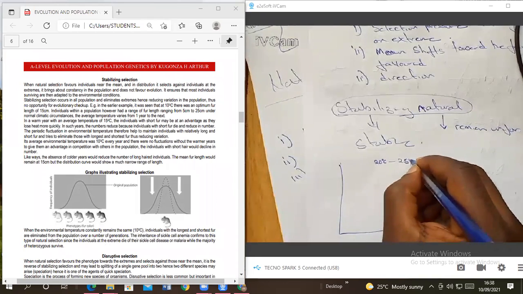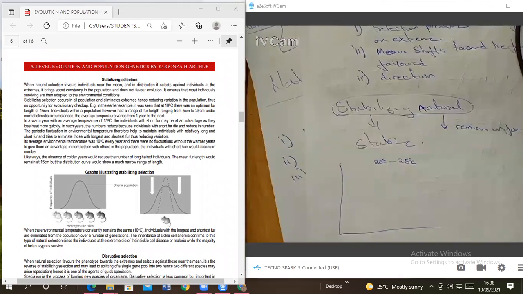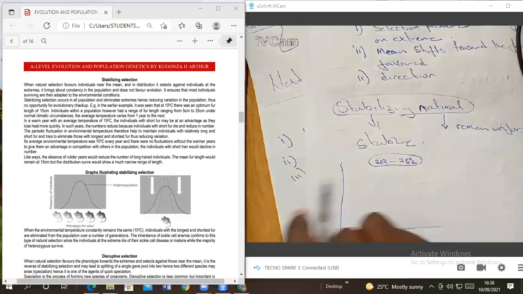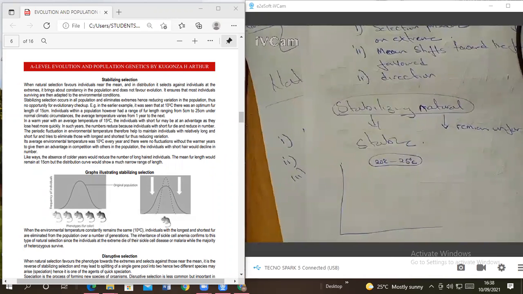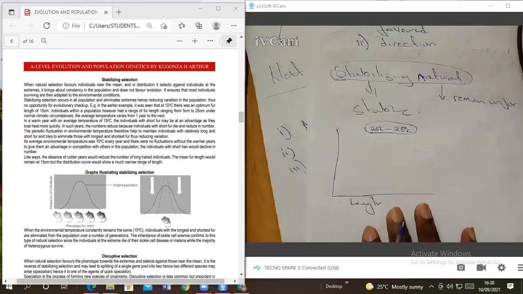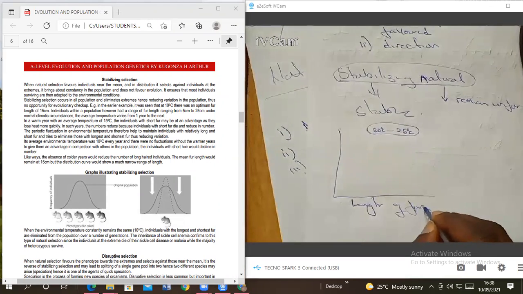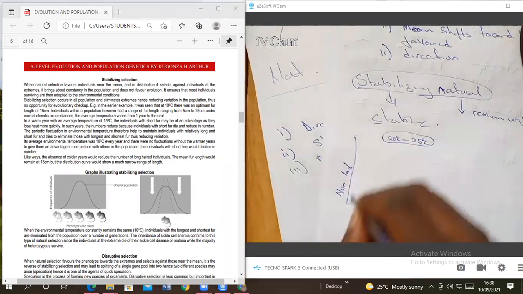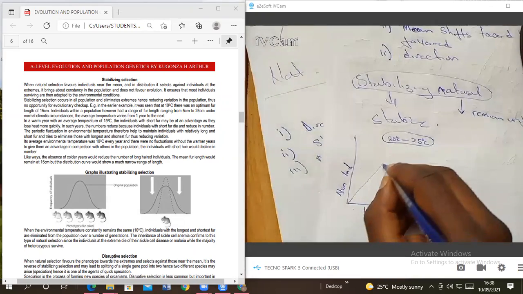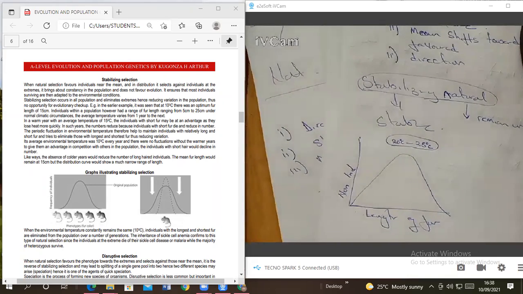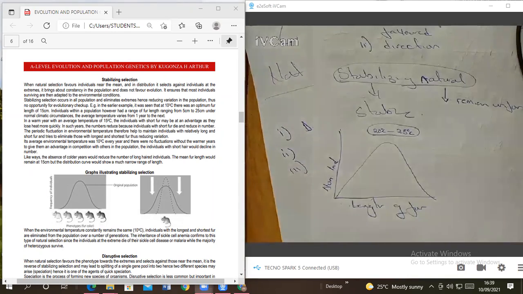That is the average, the normal environmental temperature, and it remains that way for a long period of time. Now, let me assume here it is length of fur. This side is number of individuals. Now, this is my graph. My graph exists like that before selection pressure comes in, before our stabilizing natural selection comes in.